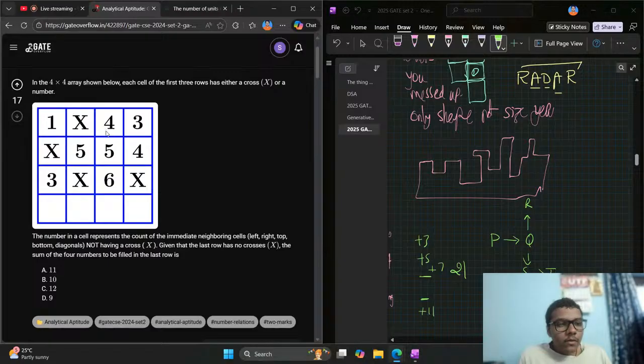Okay, 4. 1, 2, 3, and 4. The sum of the 4 numbers to be filled in the last row is?